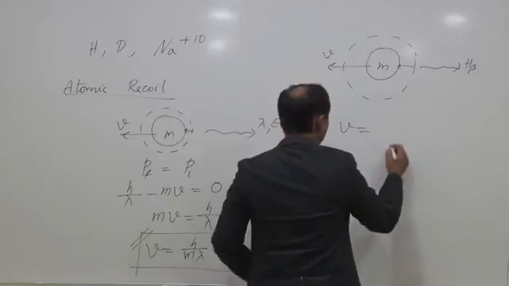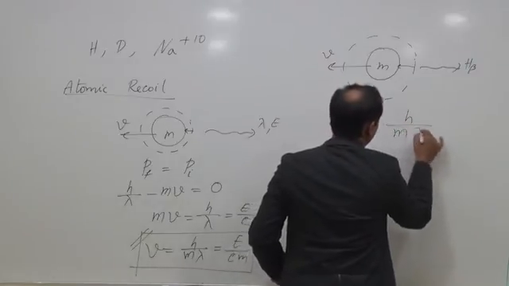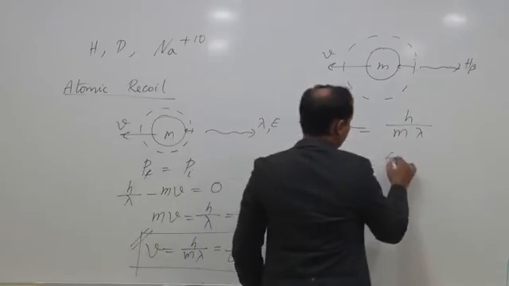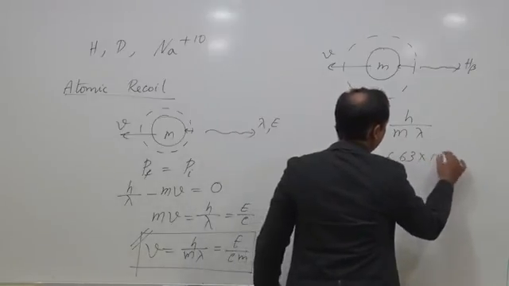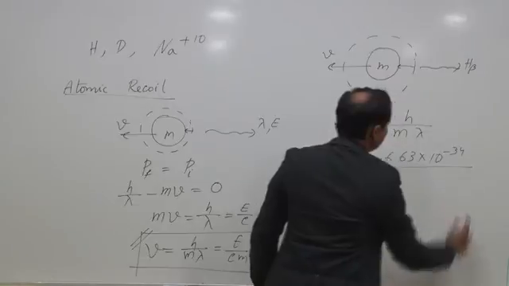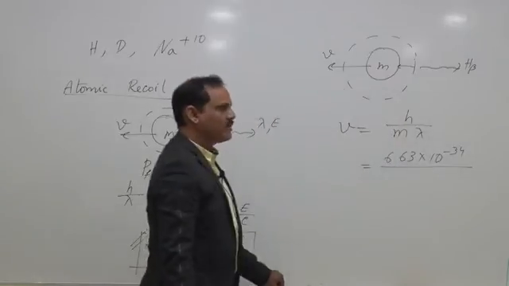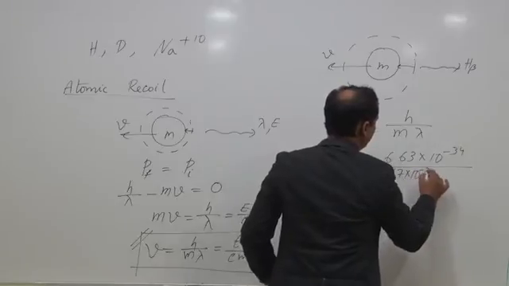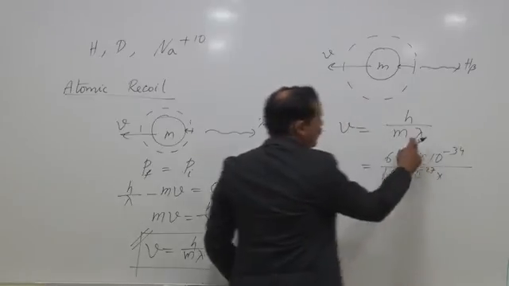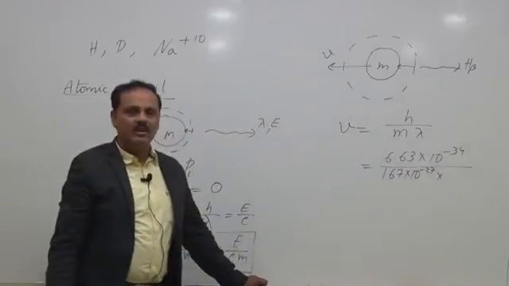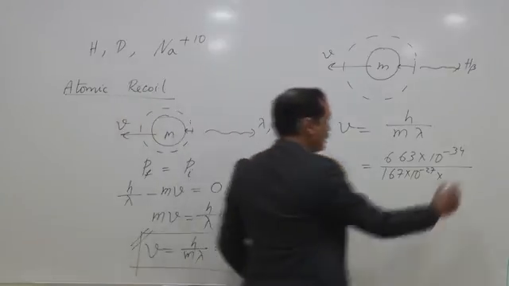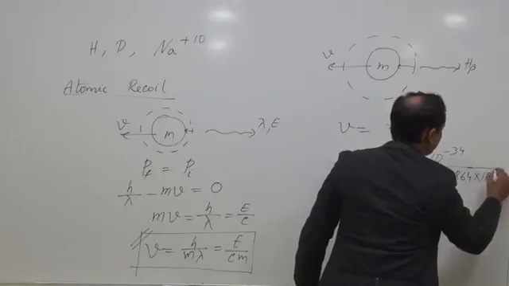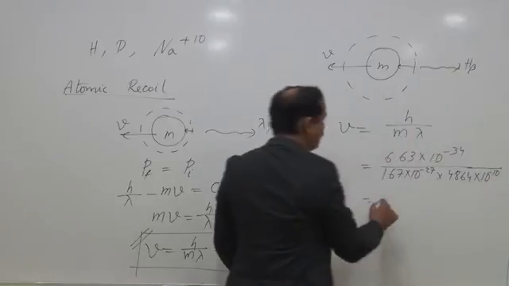So V is equal to h by m lambda. h is 6.63 into 10 to the power minus 34 joule second. Mass of the hydrogen atom is 1.67 into 10 to the power minus 27. The wavelength of the blue photon we have already calculated. It is 4864 angstrom, that is into 10 to the power minus 10.